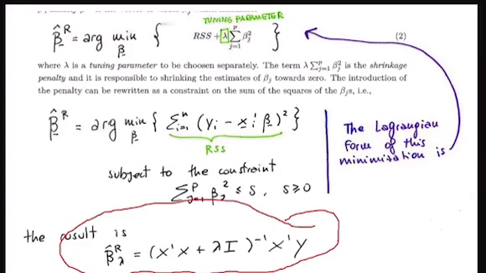Do you know that when lambda equals 0, this is going to break down to the conventional OLS estimate? Do you remember what we derived the other time?